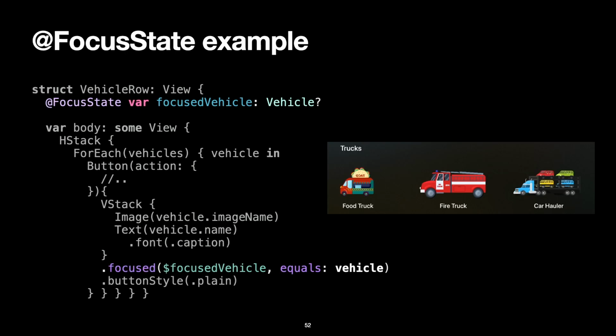And as expected, it's going to be nil at start. And important to note, the type has to be an optional. It's kind of required because focus is going to move out of your view, and at some point none of your vehicles are in focus. So it needs to be an optional because SwiftUI will set it to nil at some point.